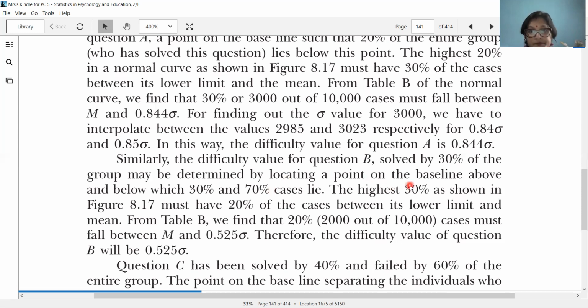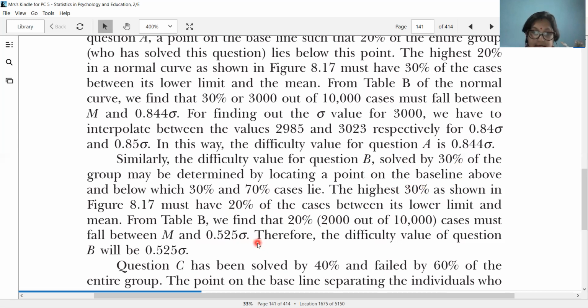Okay, now according to the problem, B is solved by 30%. So now we need to find out the sigma value for 20% of the cases, 20% or 2000 out of 10,000 cases. And the sigma value is 0.525 sigma.